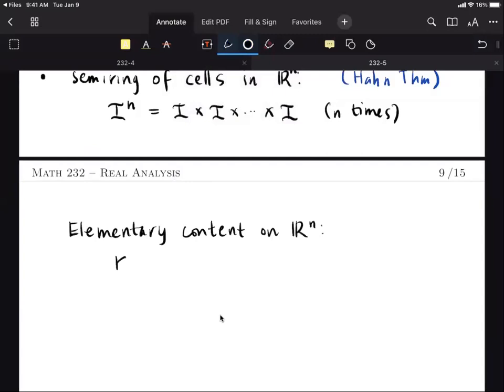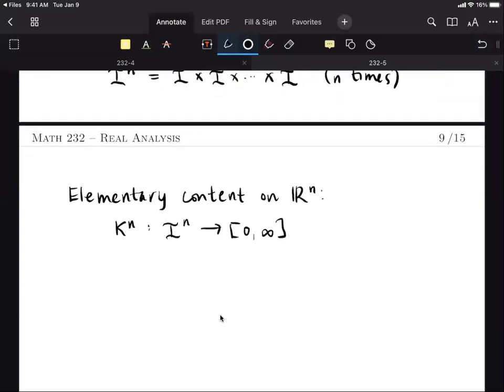So this would be kappa n. This is now defined on the semiring of cells in Rn. So again, kappa n here would be the product of kappa n times.